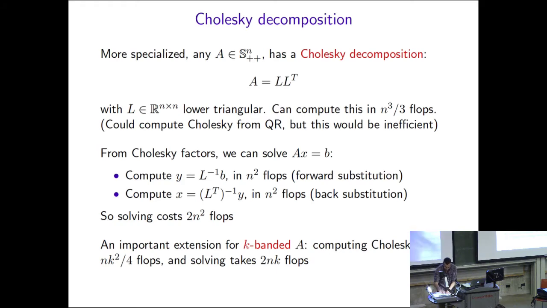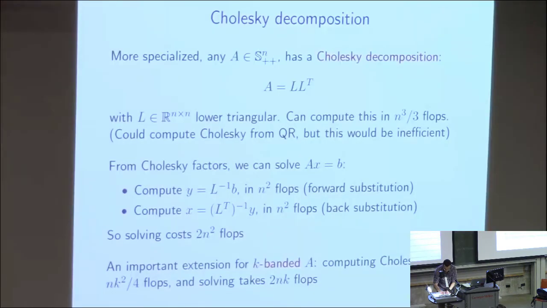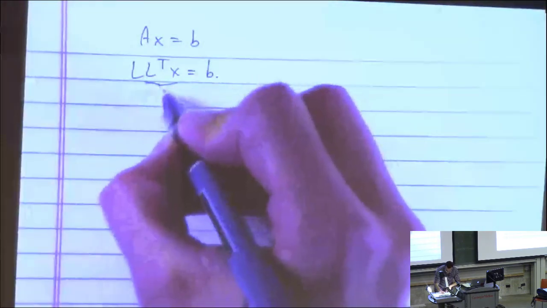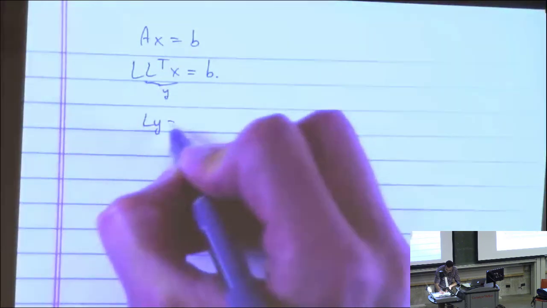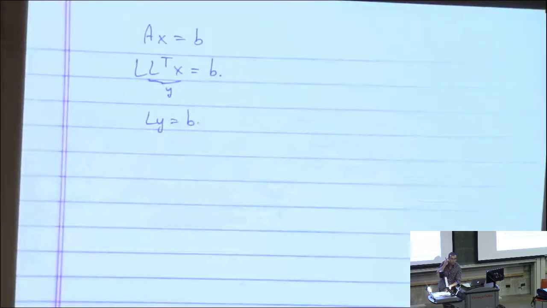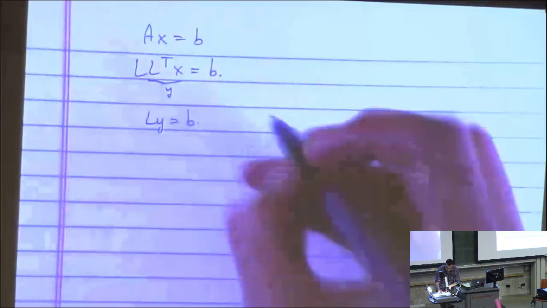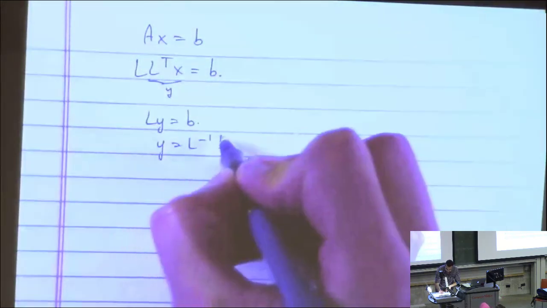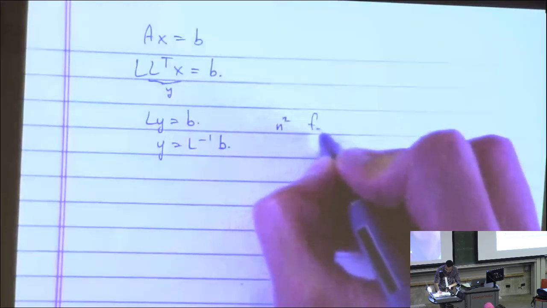If I have a system like this, Ax equals b, and I have a Cholesky factorization, then let's say I first call this y, and I solve the system Ly equals b. I can compute this in n squared. This is forward substitution.